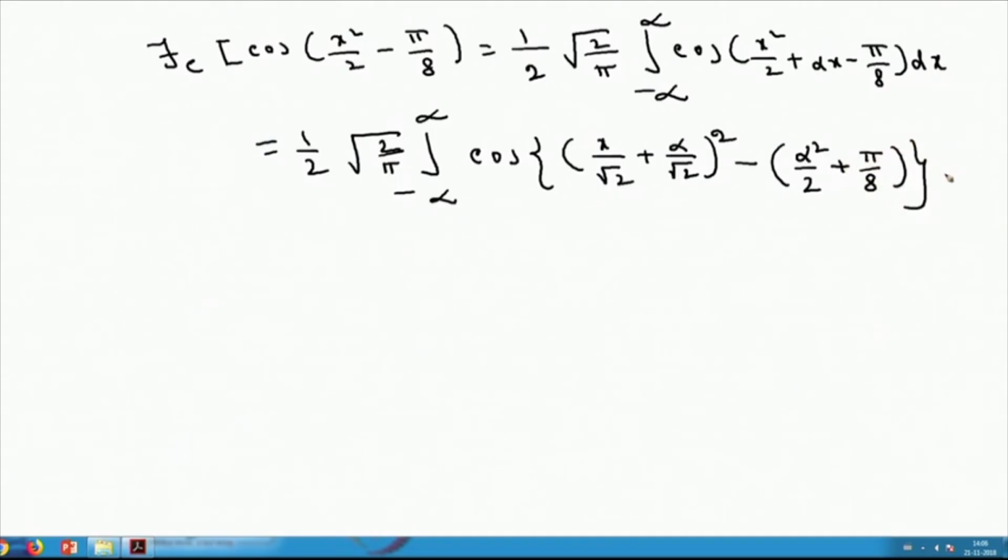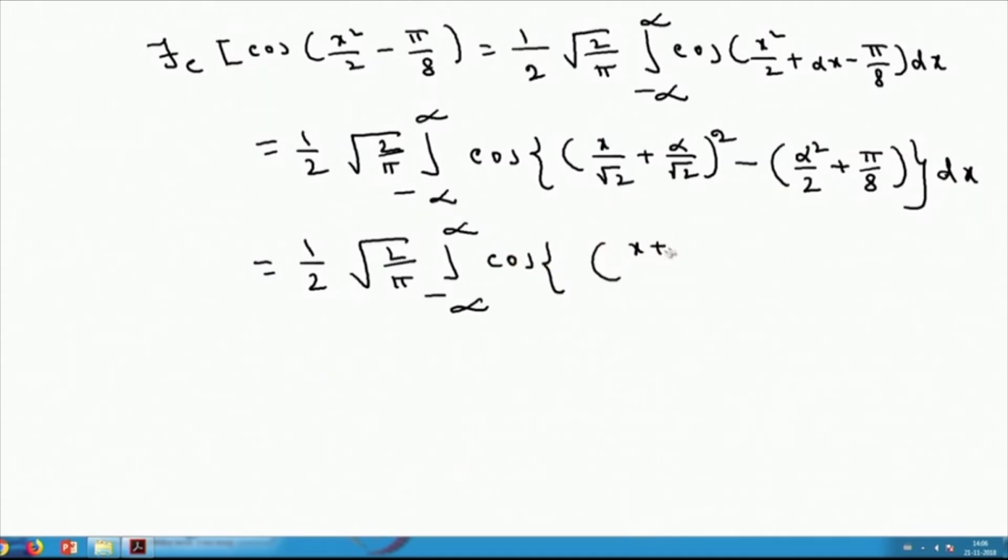So it is of the form cos of x square minus a square. This equals half into root over 2 by pi, integral from minus infinity to infinity of cos of ((x plus alpha by root 2) whole square minus alpha square by 2 plus pi by 8) into dx.